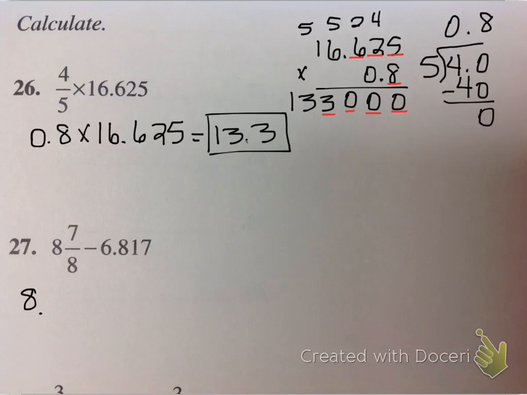Or instead, you could say 8 times 8 is 64 plus 7. So that would be 71 eighths, and then you could divide 71 divided by 8. Figure out what that is, and then set up your subtraction. So you could tackle that 2 different ways. It's just kind of up to you.